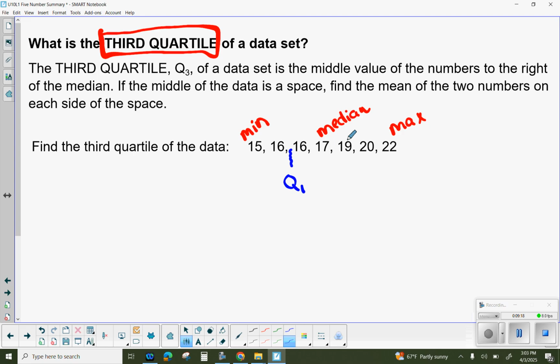We're going to look at the numbers that are left over between the median and the max, in this area right here. We're going to find the middle of those two numbers. The middle of these two numbers is 19.5. That is quartile 3, my third quartile, sorry. I was thinking of a different number and I accidentally wrote that. Okay, so that would be quartile 3.